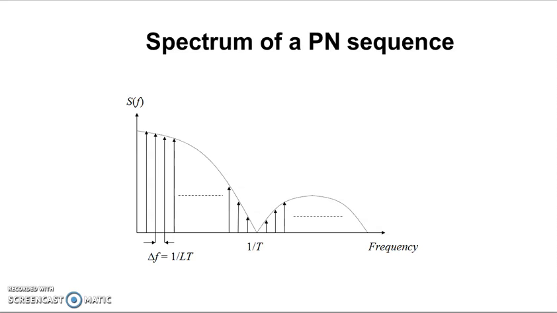So L is equal to 2 raised to n minus 1, the spectral components. If our sequence is longer, it increases the number of spectral lines, and that is desirable for a reduced separation. So this is about the spectrum of a PN sequence.